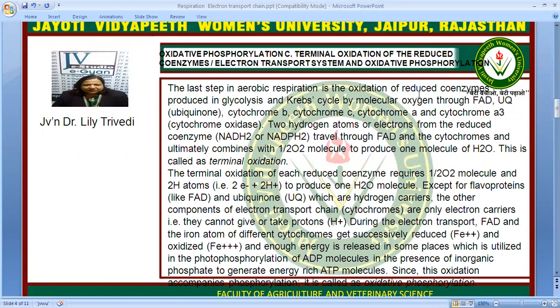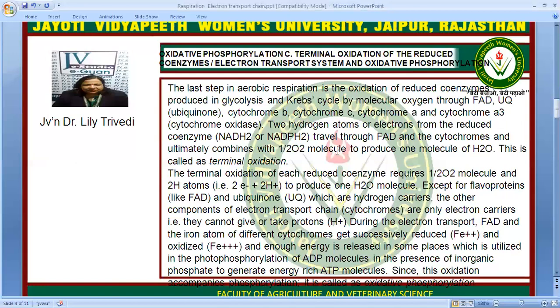The oxidation of reduced coenzyme is there, which were produced during glycolysis and Krebs cycle. How? By molecular oxygen through FAD, UQ, that is ubiquinone, cytochrome B, cytochrome C, cytochrome A, and cytochrome A3, that is cytochrome oxidase.